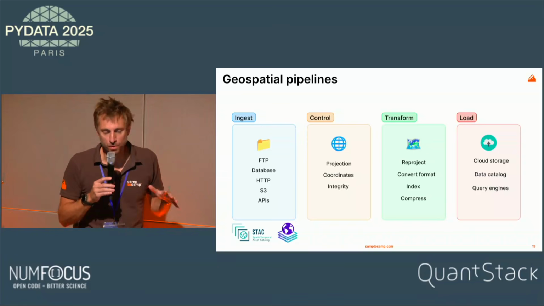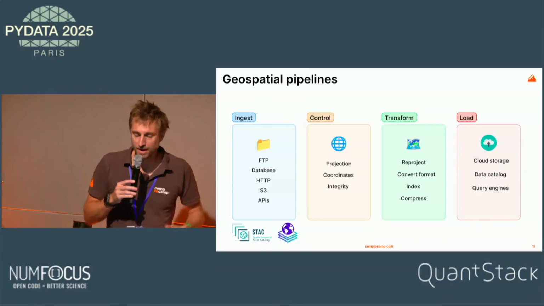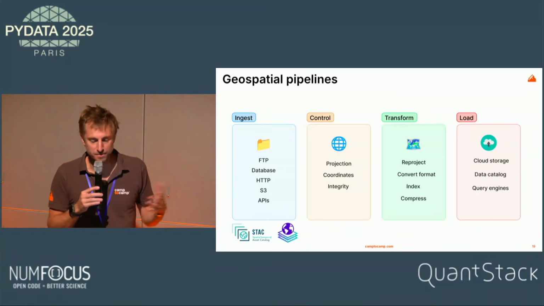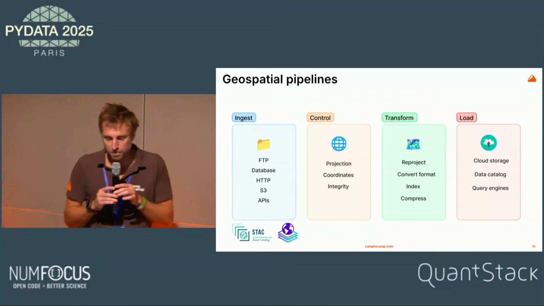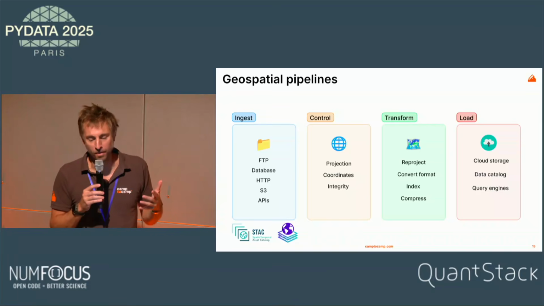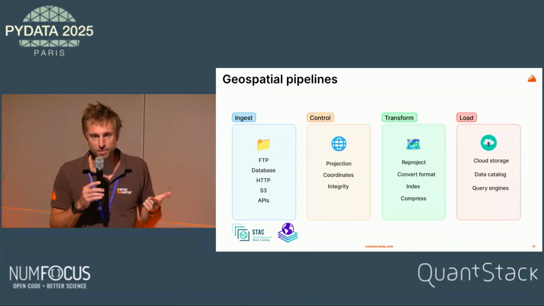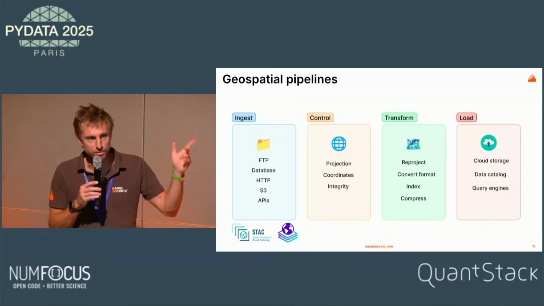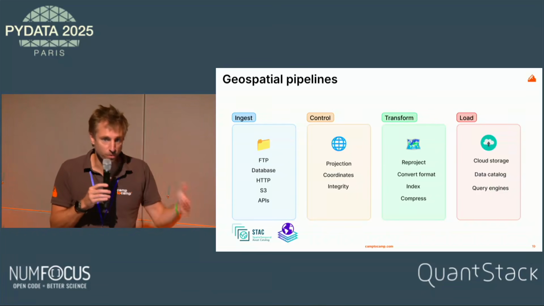Then you need to control: is the projection okay? Is the encoding okay? Are the coordinates valid? Is there integrity within the geometries, within the data? And the transformation aspect is often that you want to reproject, you want to change the format. The projection could be Spherical Mercator, the Google projection on Google Maps, but you can have degrees projection, you can have local projection.